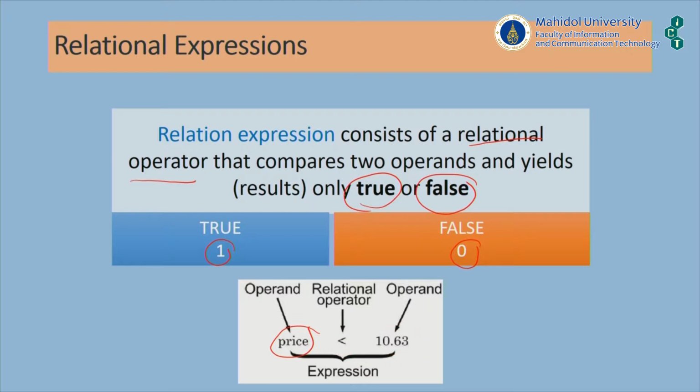The first operand is price, the second one is this number, 10.63. You have two operands with one relational operator, which is this less than. So you're comparing whether the price is less than this number or not, and the result can only be true or false.